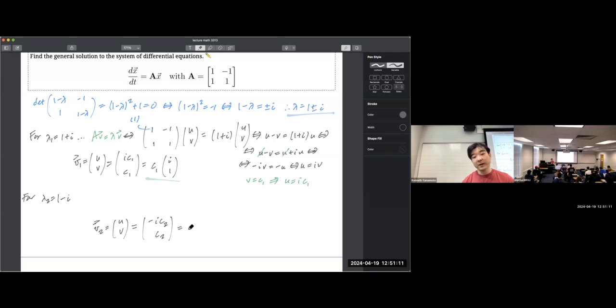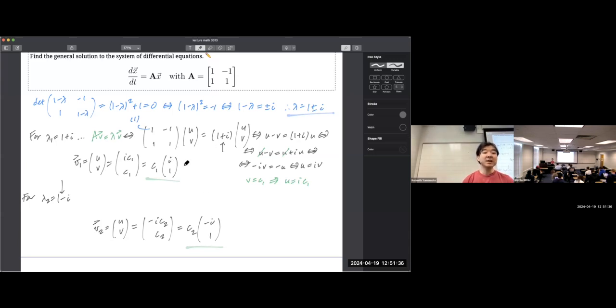So you can factor out the c2, and it'll be (negative i, 1) for that one. But it's really similar. The only thing that changes is this plus becomes a minus, and because of this eigenvalue, it just changes everything around so that this i ends up becoming a negative i.